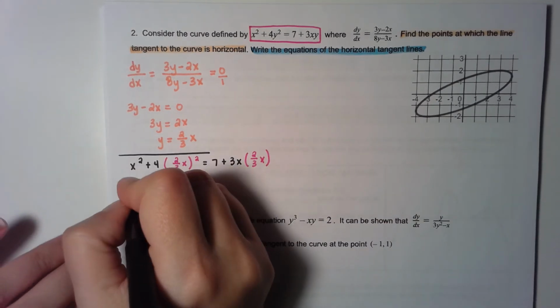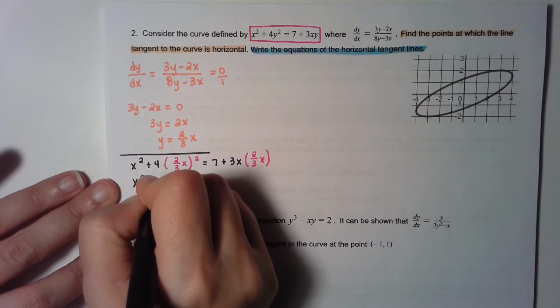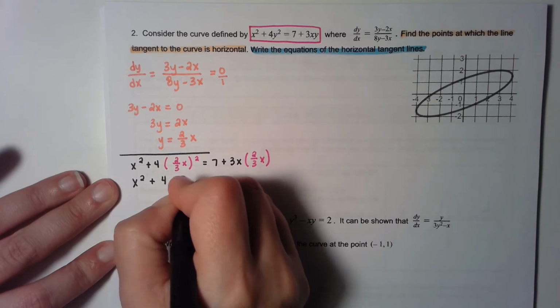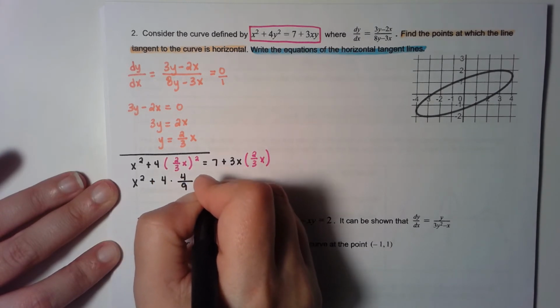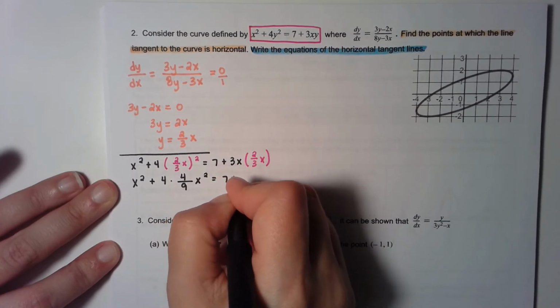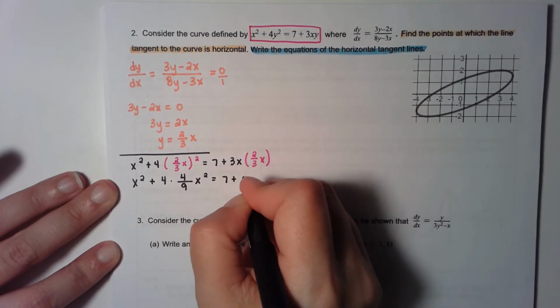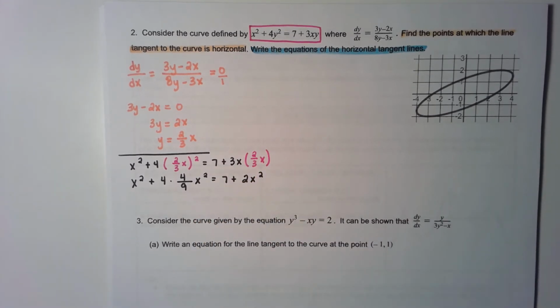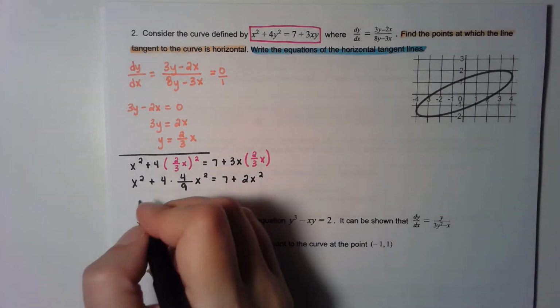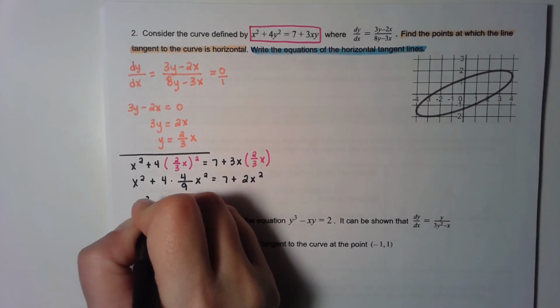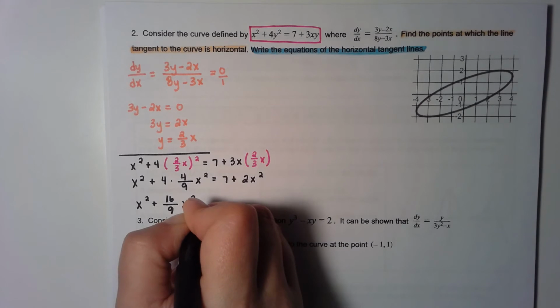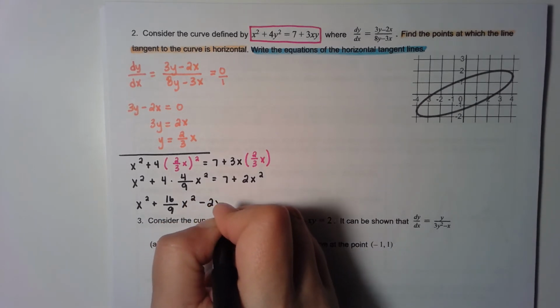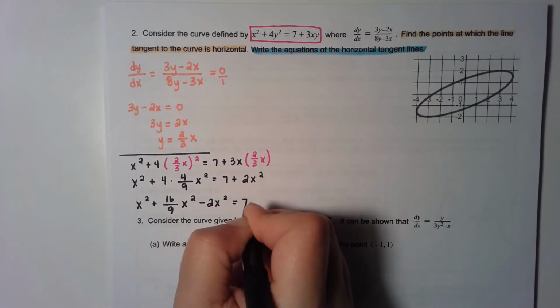If we simplify this just like before, we get x squared plus 4 times, in this case, 2 squared is 4 and 3 squared is 9, x squared equals 7 plus, the 3's cancel, so it's just 2x squared. I'm going to move all the x squareds to one side, so I get x squared plus 16 over 9 x squared minus 2x squared equals 7.